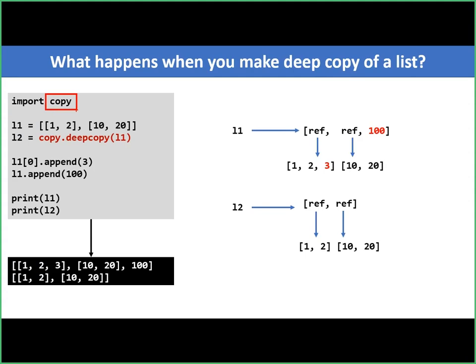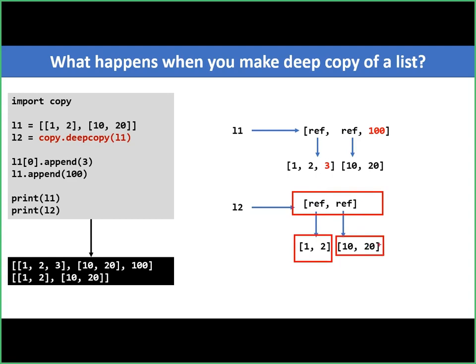In deep copy, first and foremost, import the copy module. Just import the standard module called copy, and it has a function called deepcopy. It is going to take an object, make a deep copy of that, and that is stored in L2. Now, interestingly, if this is your L1, L2 has the copy of the list plus the copy of all those nested lists.